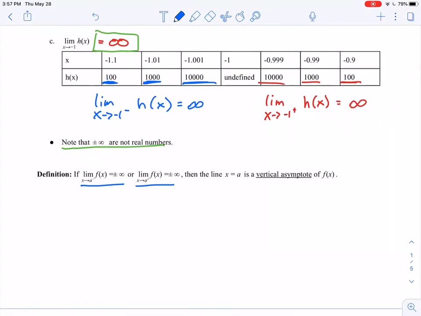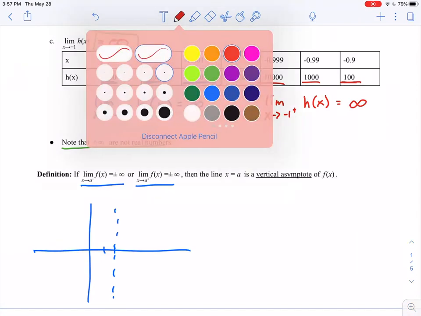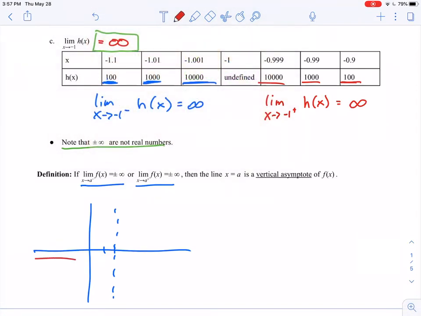So if you have a function that looks like this, let's say here at 2, our left-hand limit is negative infinity, but the right-hand limit maybe approaches a finite value. Here I would still say that x equals 2 is a vertical asymptote, even though only one side approaches, in this case, negative infinity.